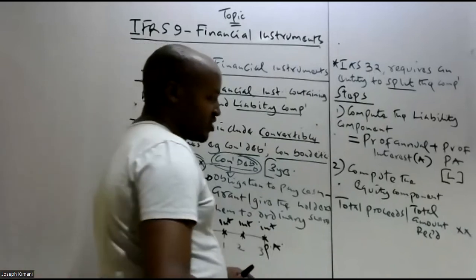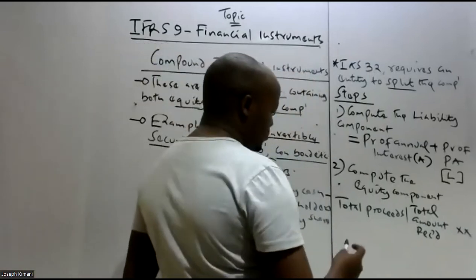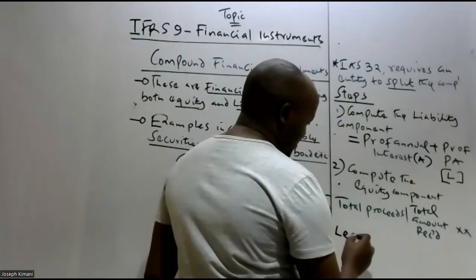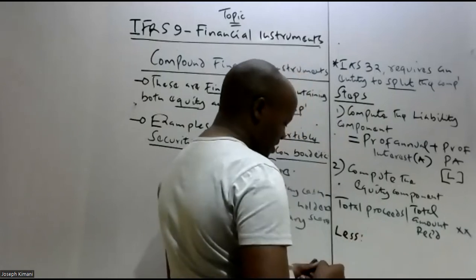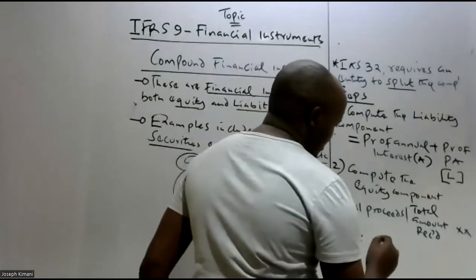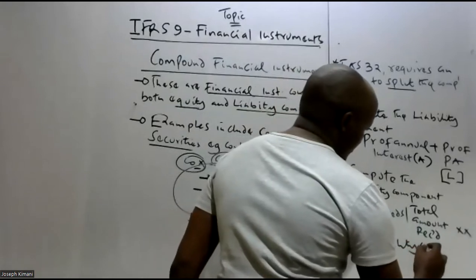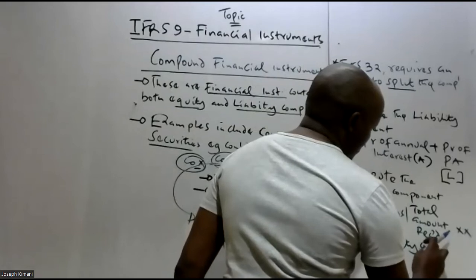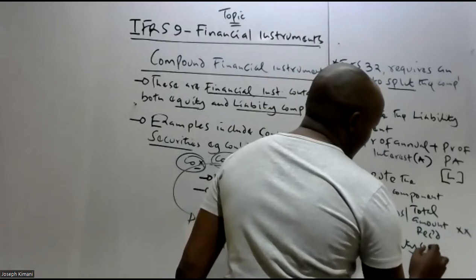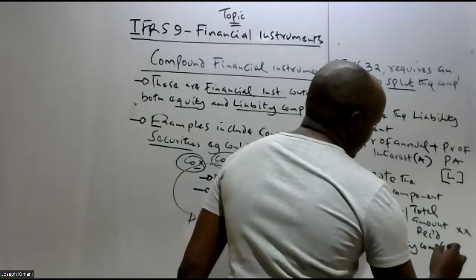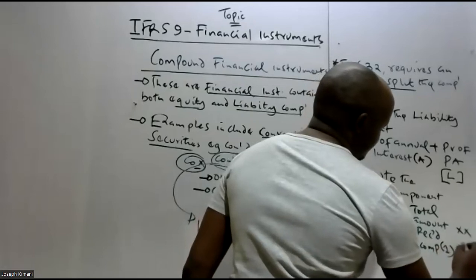So we take that total proceeds, and then from this we less the liability component which was determined in step number 1.